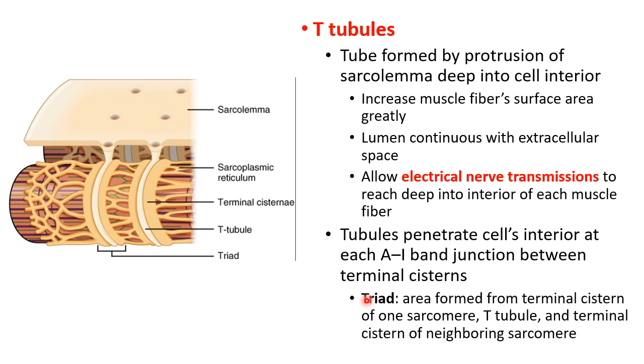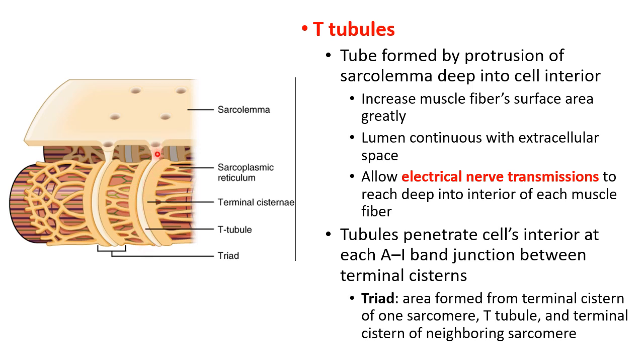So what is important to know here? When you look at this structure, you have your T-tubule, and then you have this other structure. What is this other structure part of? This is your sarcoplasmic reticulum. That's the stuff that stores calcium, right? Now look, the T-tubule goes right in the middle, and then you have sarcoplasmic reticulum on this side, and sarcoplasmic reticulum on the other side.